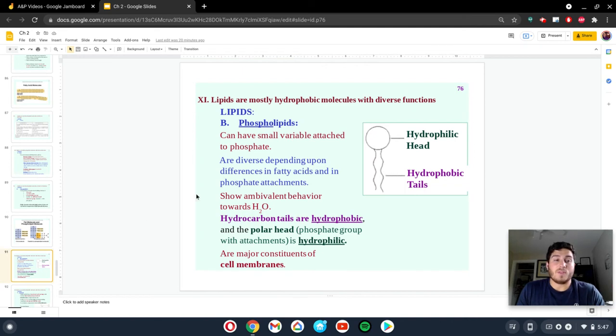If you take these 2 things and put them together at opposite ends, you can create a bilayer of phospholipids. This is what creates our cells. That's why there's one side of our cells that faces the outside of the cell and one side that faces the inside. It helps separate the components of the cell from the outside world and literally allows life to happen. So it is really, really, really important for us to have.